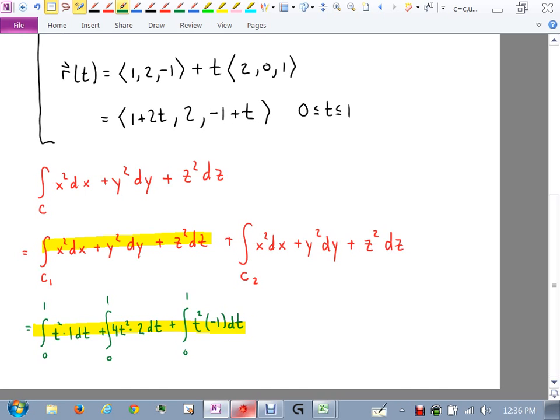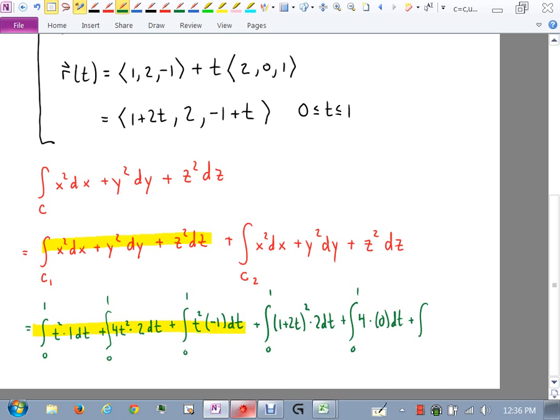Would dy be 0? On the next one? Oh, okay, yes, I'll write it out. We still have 2 minutes. This will be 0 to 1 of (1 + 2t) squared times 2 dt, plus integral 0 to 1. Y squared would be 4 times dy dt, which is 0 dt.